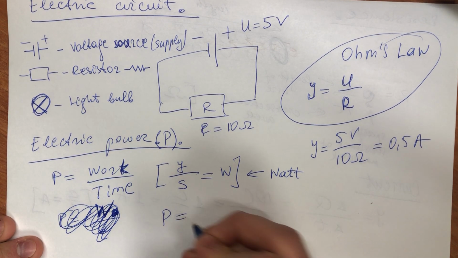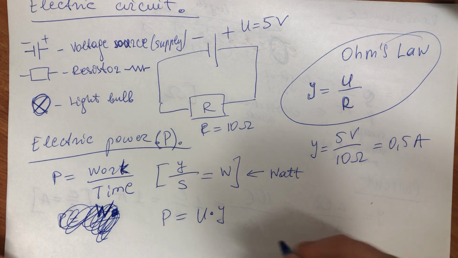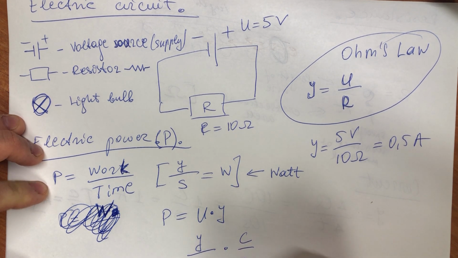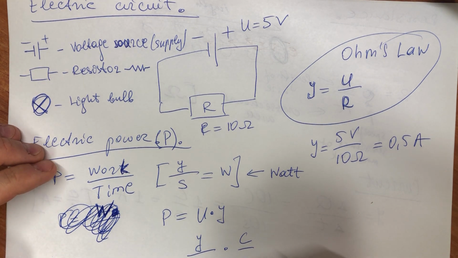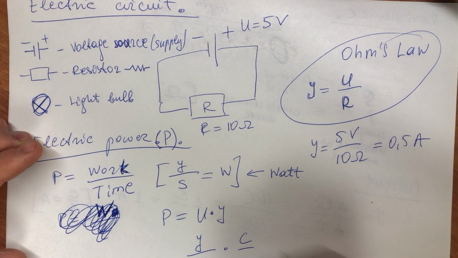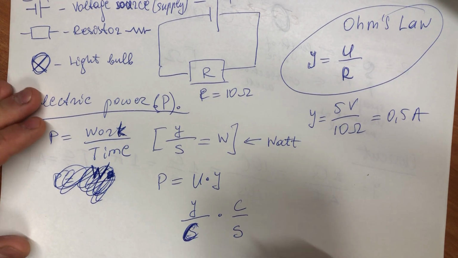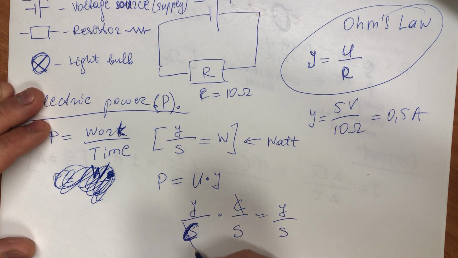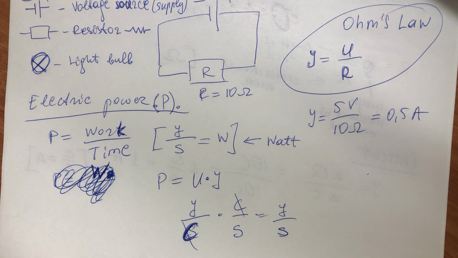And it can be calculated as U times I, because U is joules per coulomb, sorry, what I'm writing, and I is coulombs per second. So we cancel the coulombs out and we get joules per second. That is the power. Joules per second are watts.